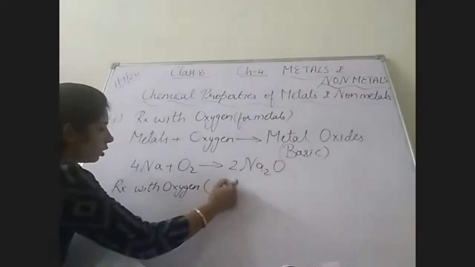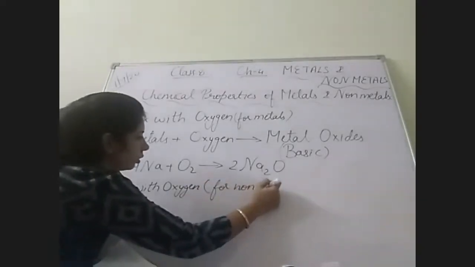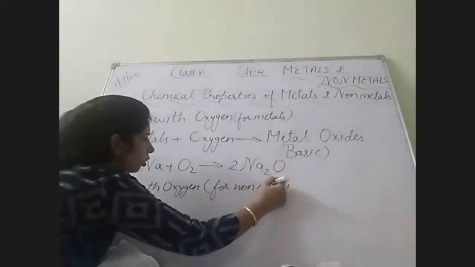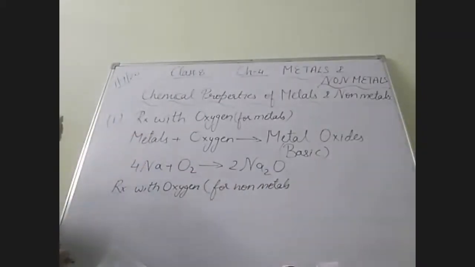This is for non-metals. As metals and non-metals, we are discussing together only. Okay, so most of the non-metals react with oxygen to form acidic oxide and some others form neutral oxides also.